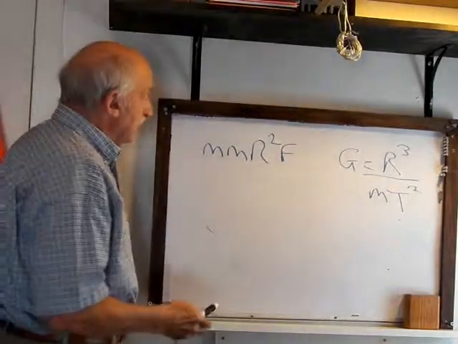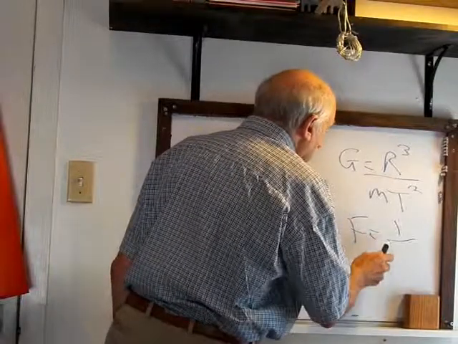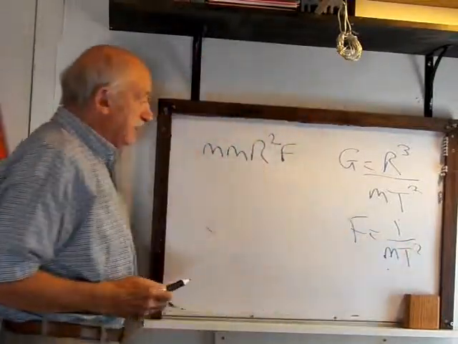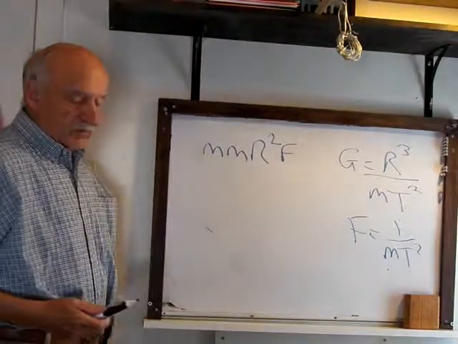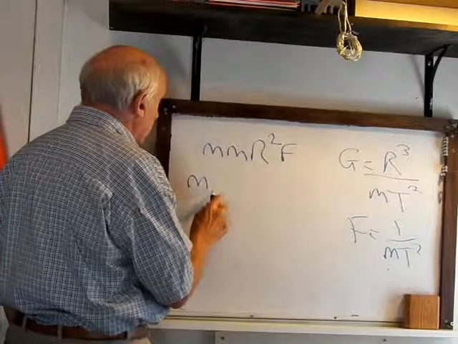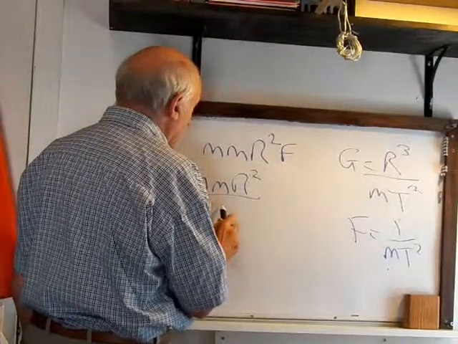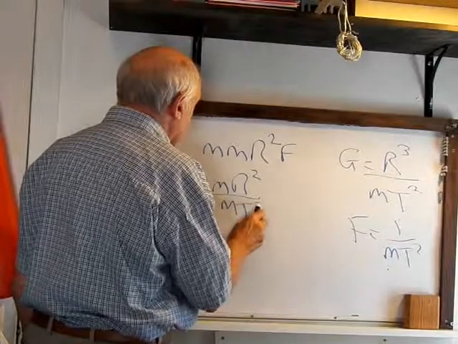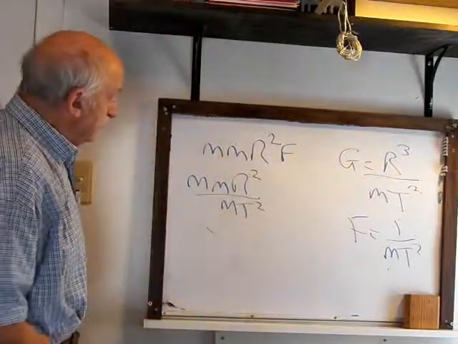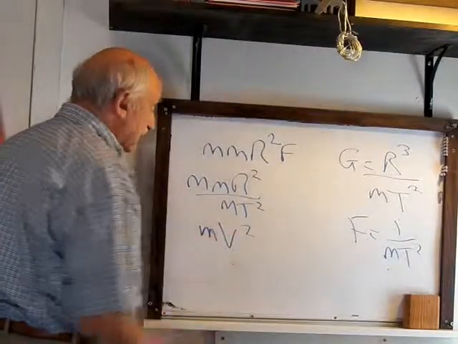I'm going to use f as simply equal to 1 over the mass times the time squared, because I've already got the distance in there. So in this now it becomes m m r squared over m t squared, and that has the dimensions of mass times velocity squared.